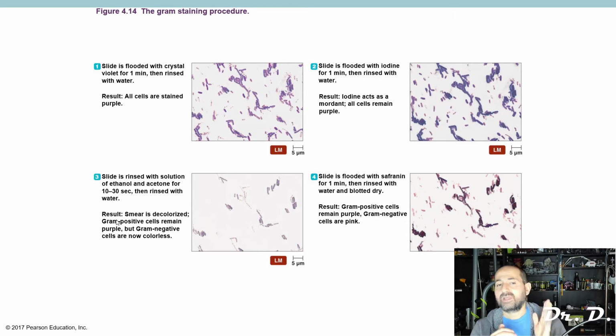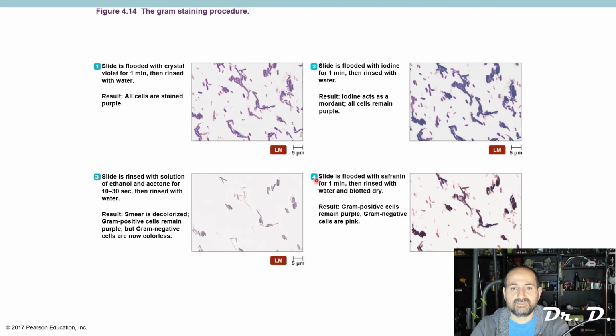But gram-negatives don't have that really thick cell wall, so it is really easy to wash that stuff out of the cell. You see what I'm saying? So at this point, if you were to look under the microscope, you see these purple cells? These are gram-positive cells. Where are the gram-negative cells? That's right, they're clear. They're colorless. You can't see them.